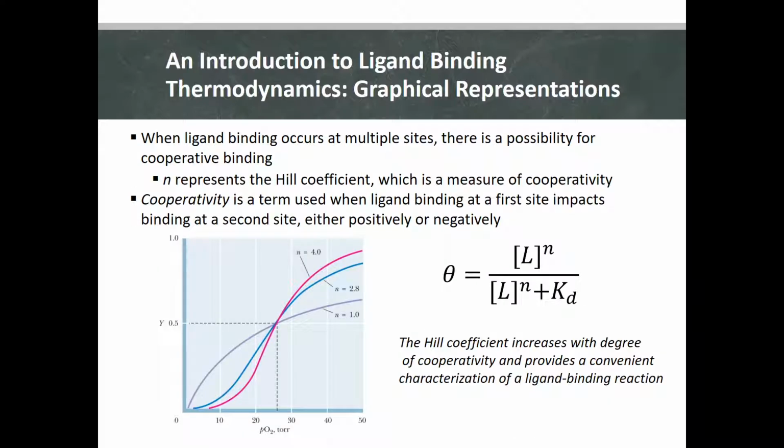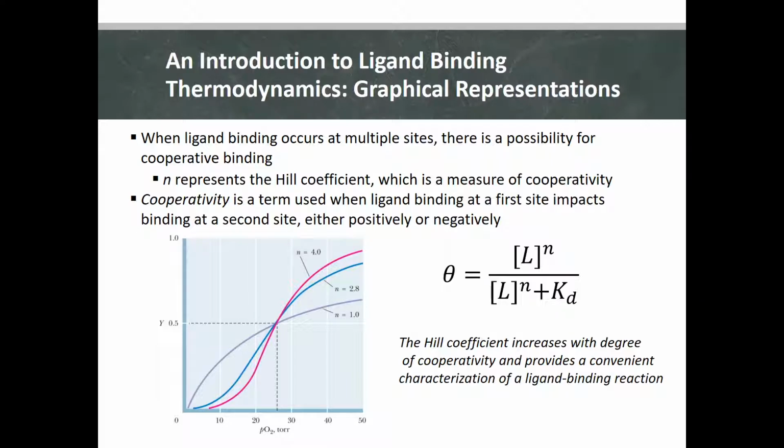Now, let's add some complexity here. So let's say that ligand doesn't bind just at one site, but there's actually now a possibility for binding at multiple sites. So there are multiple ligand binding sites per protein or per protein complex. Now we have the possibility for something called cooperativity. We have the possibility for cooperative binding.